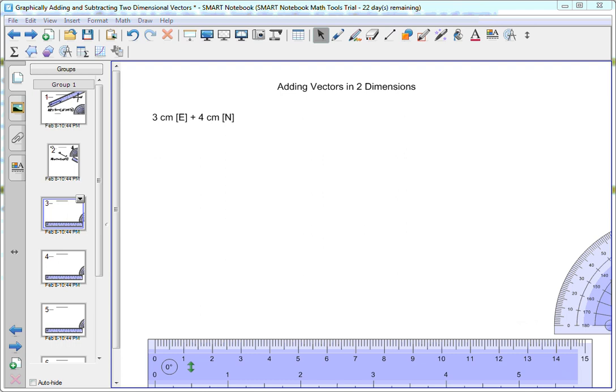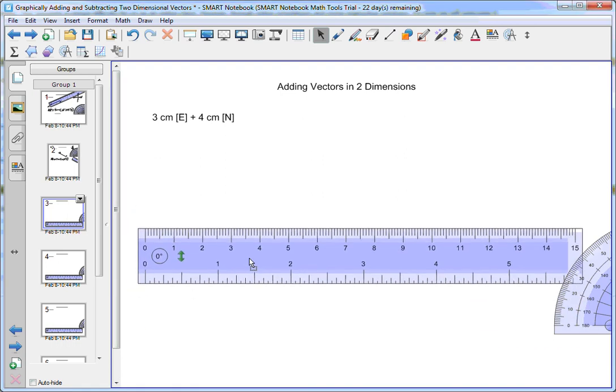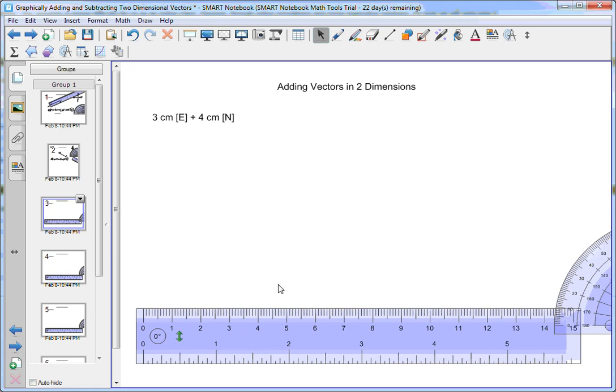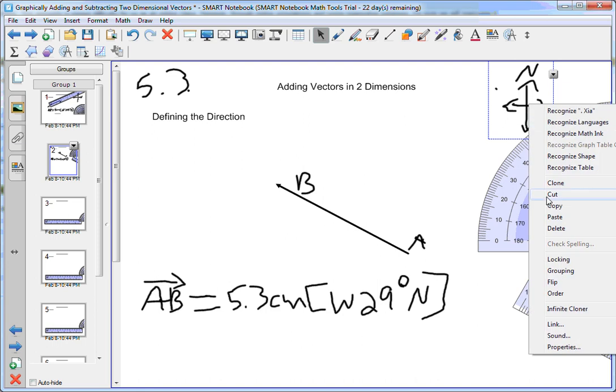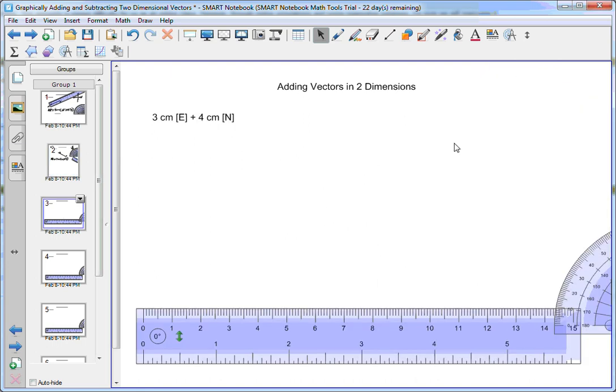So let's see if we can work out this example. 3 centimeters east, 4 centimeters north. Again, we would put in our little crosshair here. I'm just going to copy and paste it to save us some time. Okay, our little direction meter, put that in.